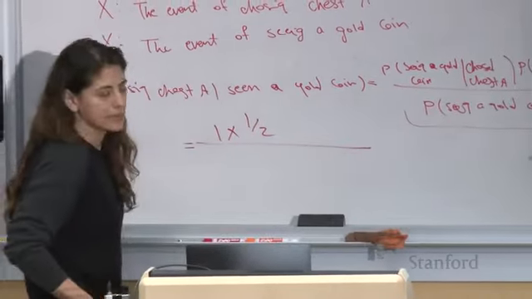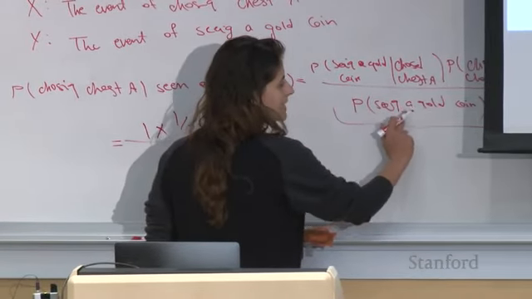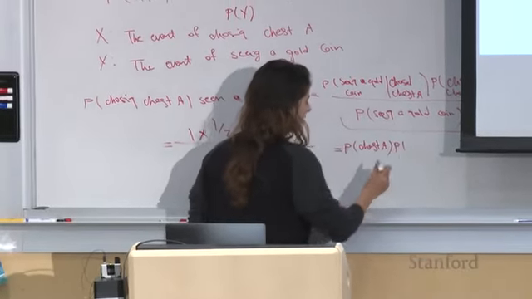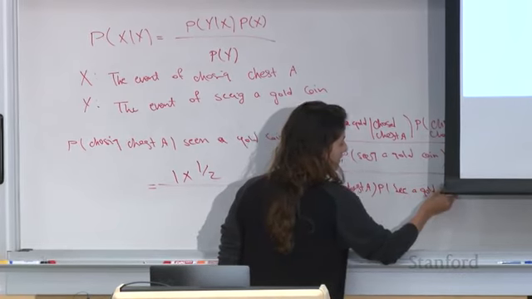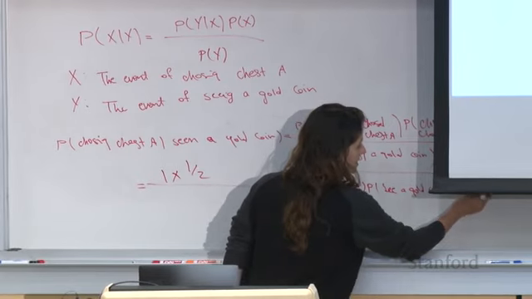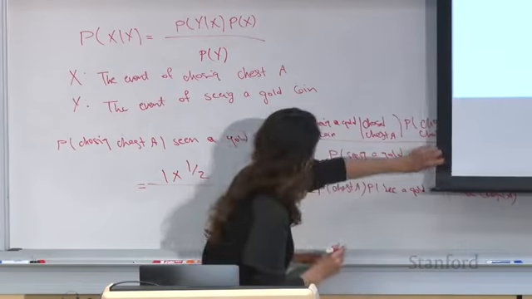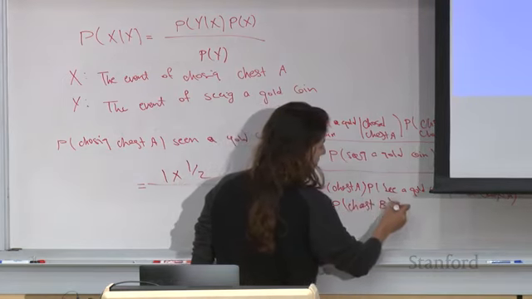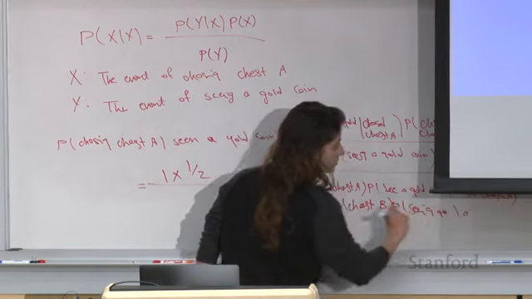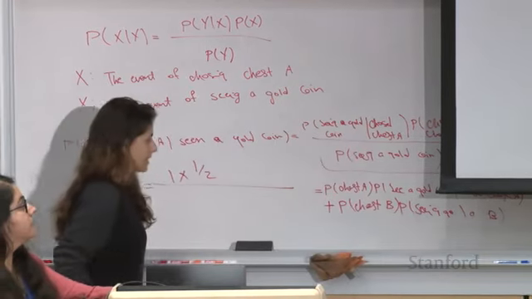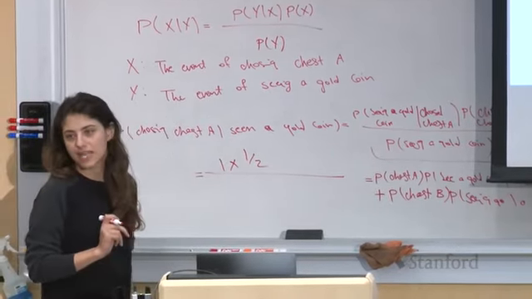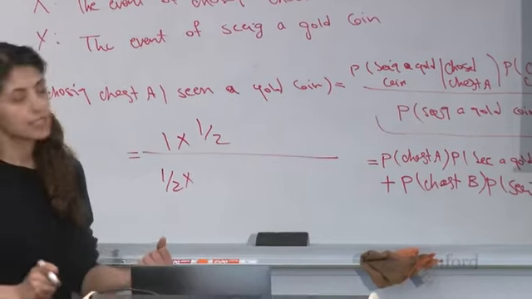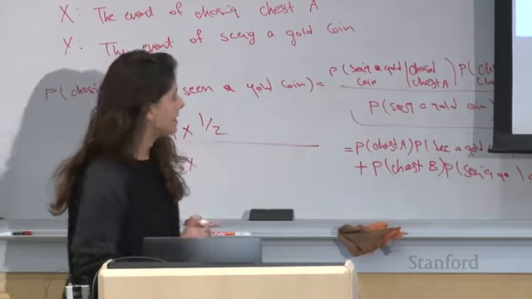Now this part, the marginal probability. The probability of seeing a gold coin equals the probability that you choose chest A times the probability of seeing a gold coin given you chose chest A, plus the probability of choosing chest B times the probability of seeing a gold coin given choosing chest B. The probability of choosing chest A, as we said, is half, times the probability of a gold coin given chest A, which is 1.